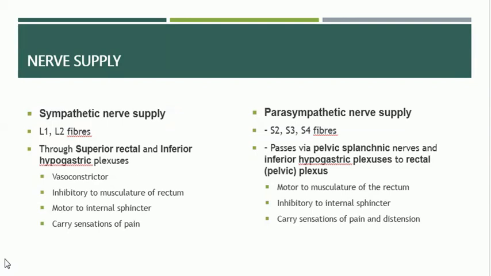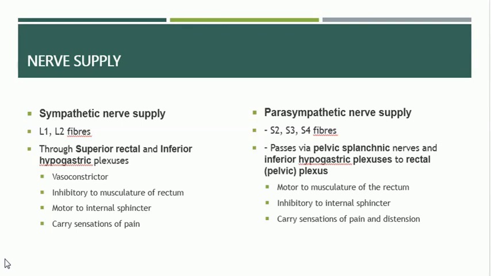Now, if we talk about the nerve supply, the sympathetic nerve supply of the rectum is from L1 and L2 fibers of the lateral column, and they come through the superior rectal and inferior hypogastric plexuses. Their function is vasoconstriction.